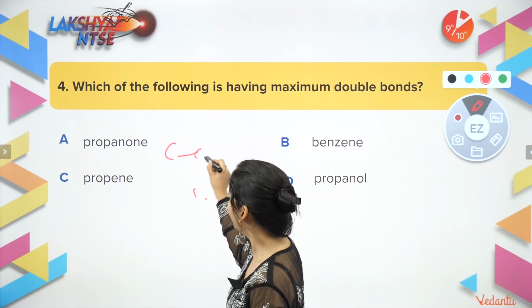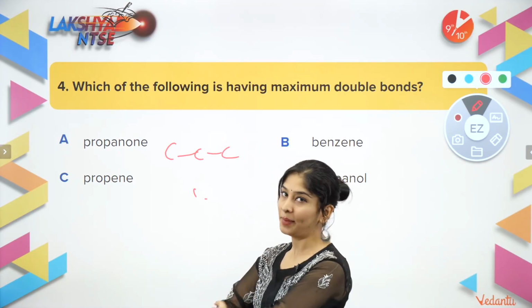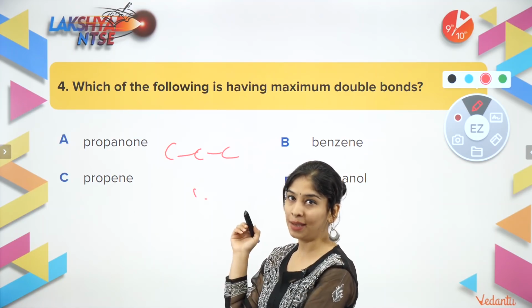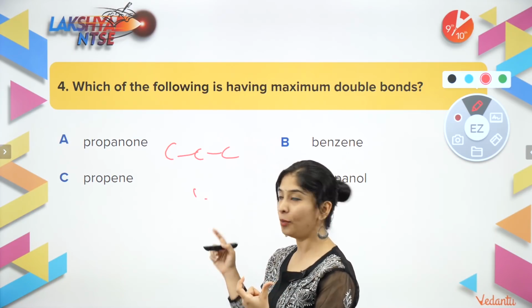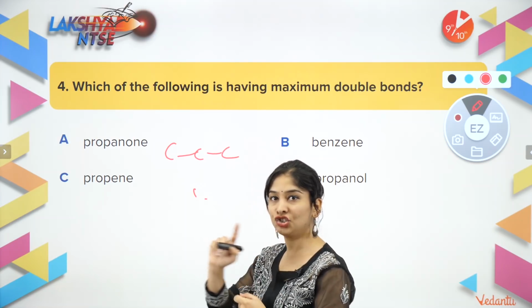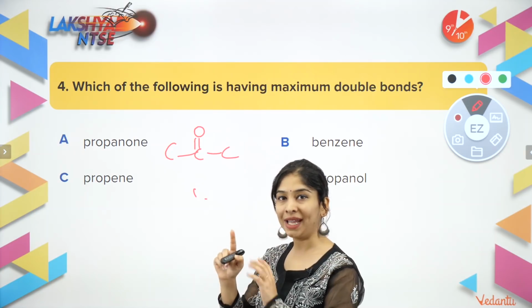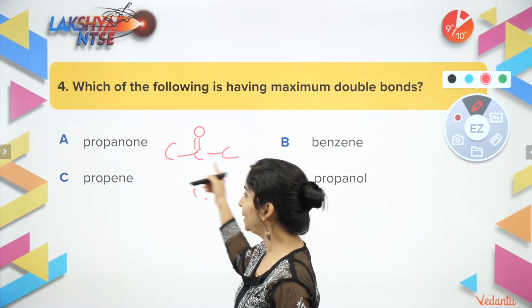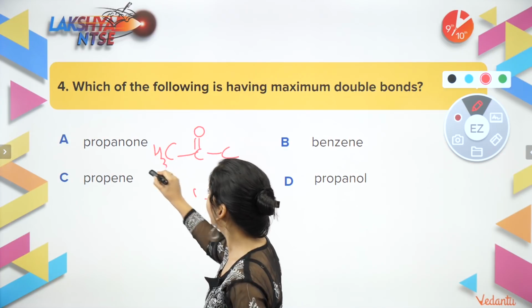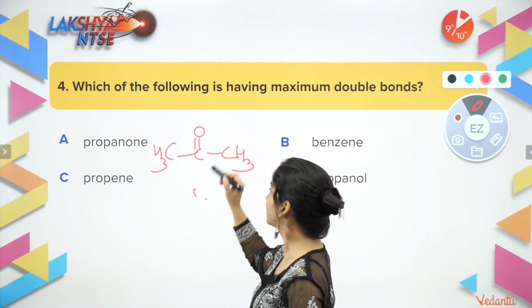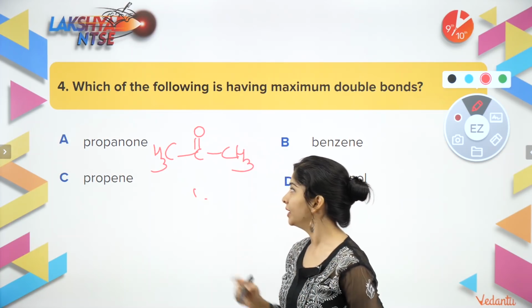Prop मतलब 3 carbon. 3 carbon का मेरे पास है अपना substance. One मतलब CO group, that is ketone group which is included in this chain only. So this is propanone. CO group in between 2 carbon. Prop means 3 carbon. Now by writing hydrogen I'm balancing its valency, that is 4 carbon का.